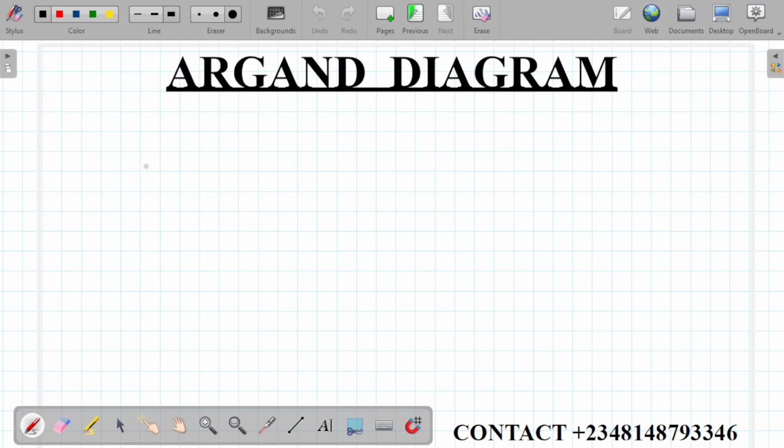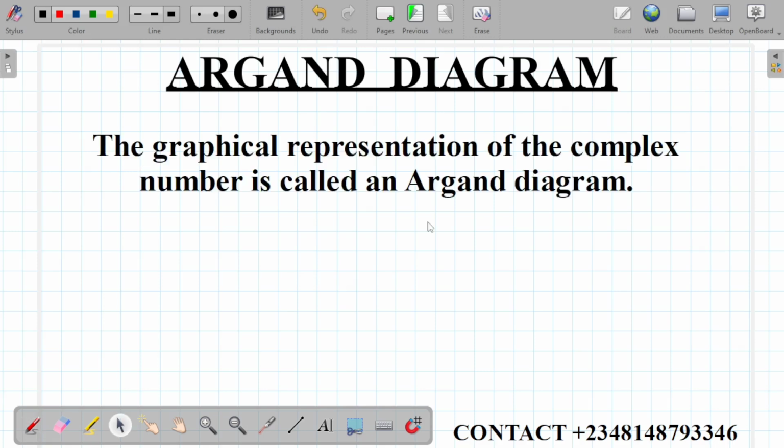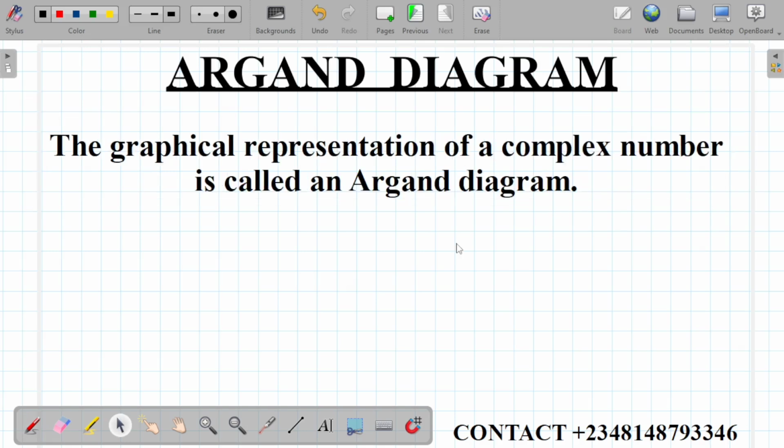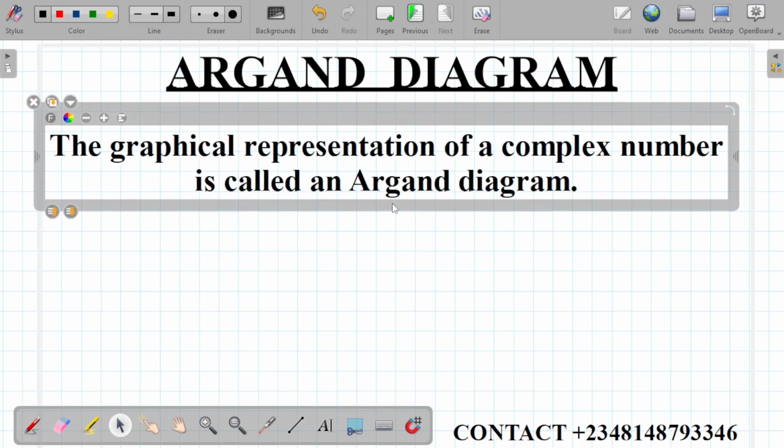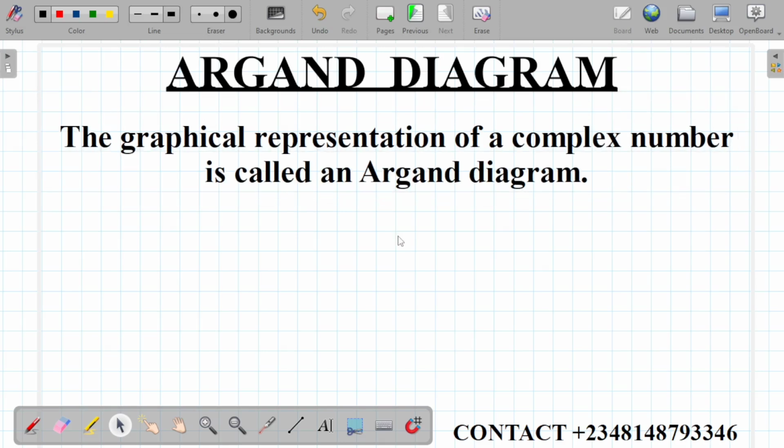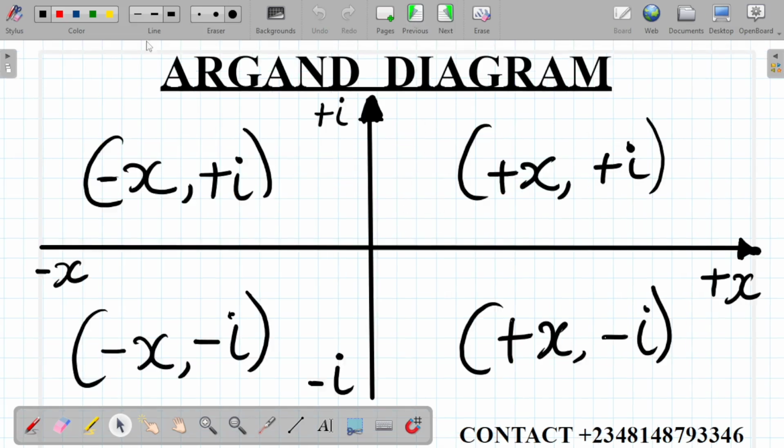So what is an Argand diagram? The graphical representation of a complex number is called an Argand diagram. So this is what an Argand diagram is. It is a graphical representation of a complex number.